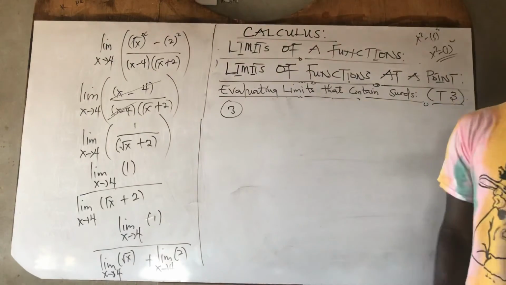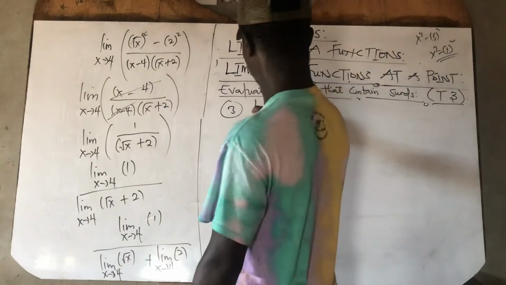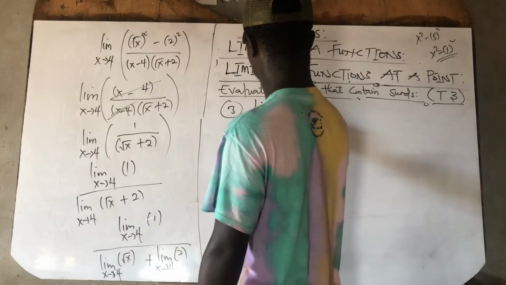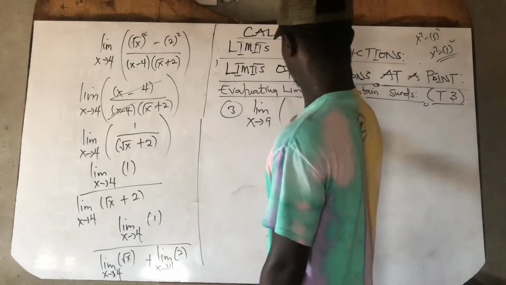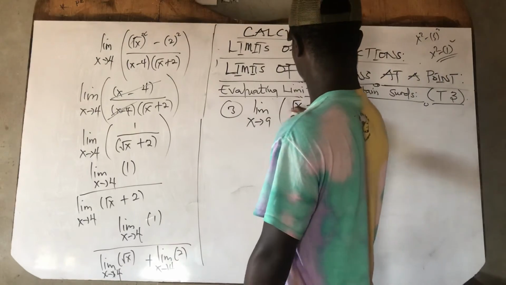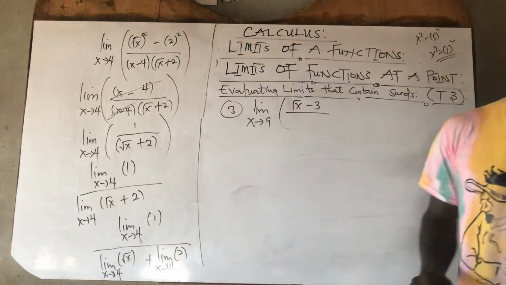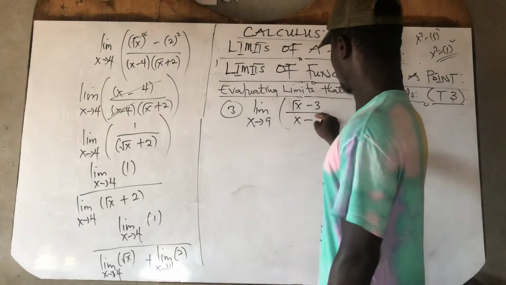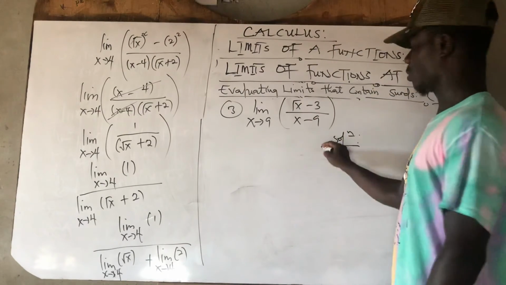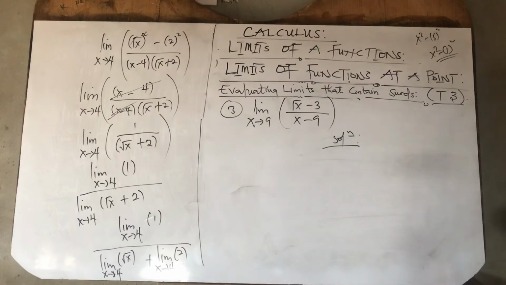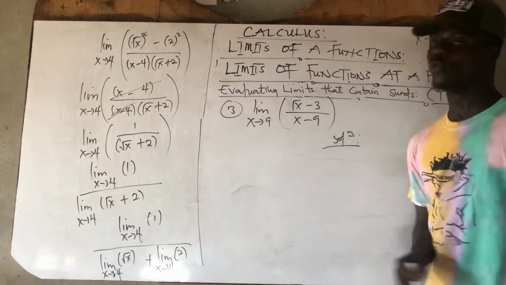I have the last example, which is the third question. It said evaluate the limit as x approaches 9 of square root of x minus 3 all on x minus 9. So, solution. We get this by rationalizing the numerator, right?